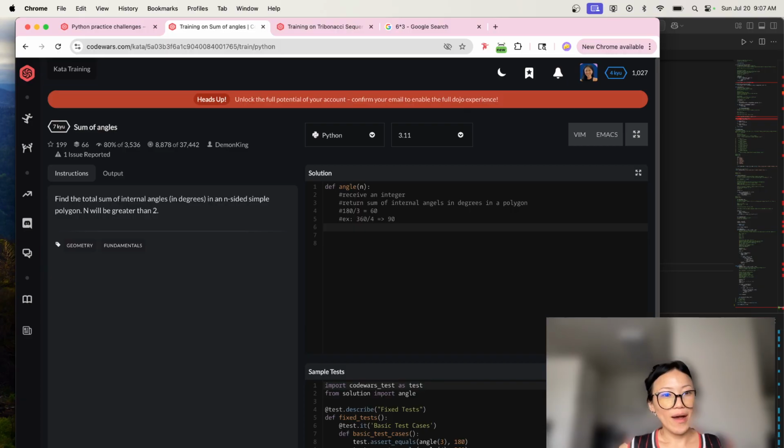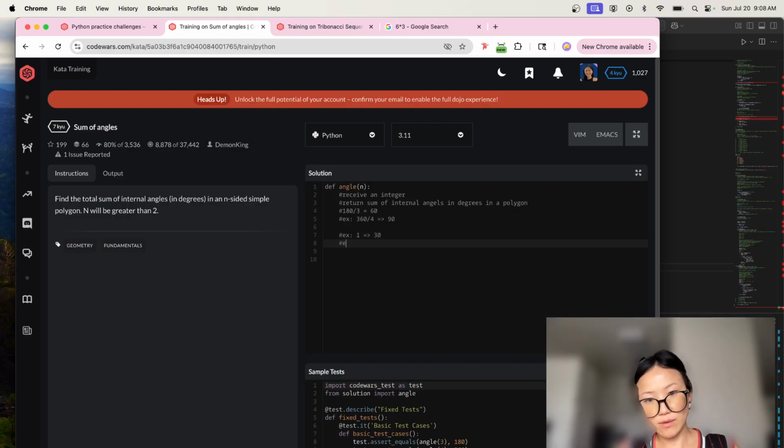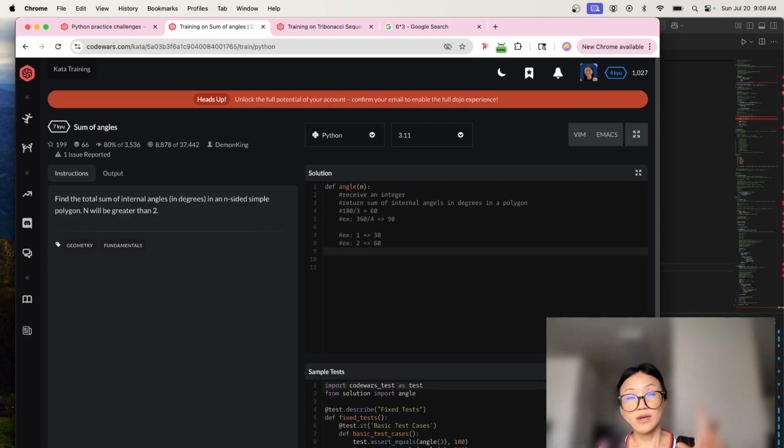And inside a polygon, every time you go up is 30. So 1 is, because I'm thinking 1 is equal to 30. 2 is equal to 60 divided by 3 is 20. 20, 20.